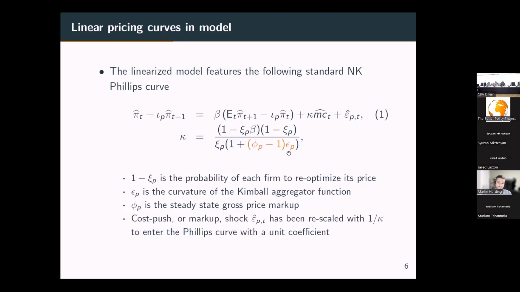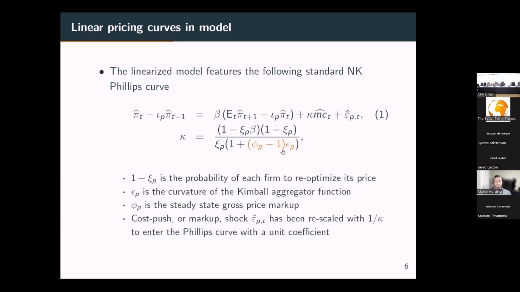So this is why it is still important in a linearized model to perhaps consider Kimball aggregation, because it will allow you to have a smaller slope of the Phillips curve, given your Calvo parameter, which is, as I was saying, consistent with what we have seen in recent evidence.